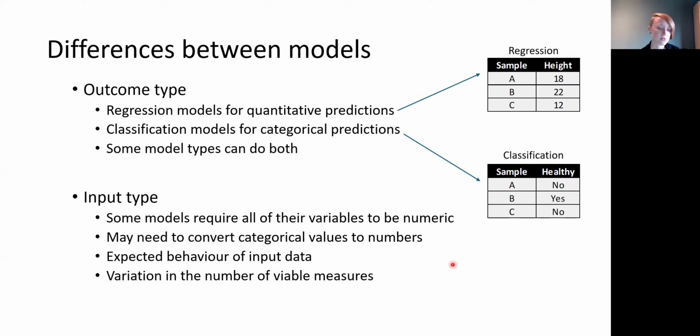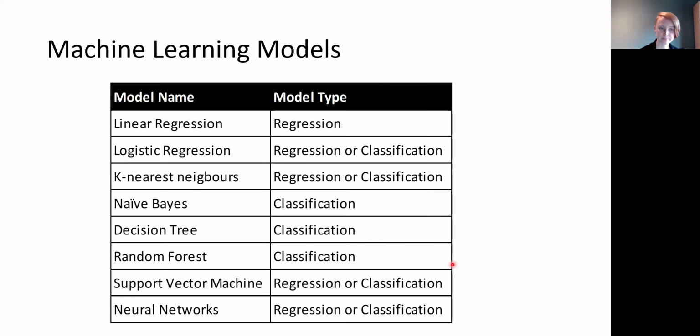And another big consideration is the number of measures that we have. If you have a really massive data set, you may want to use a model that can deal with that. If you have a lot smaller data sets, then some models don't work very well, but some will then work better in those instances. So, some example models. Many of these should look familiar now if you've been to all of these sessions.